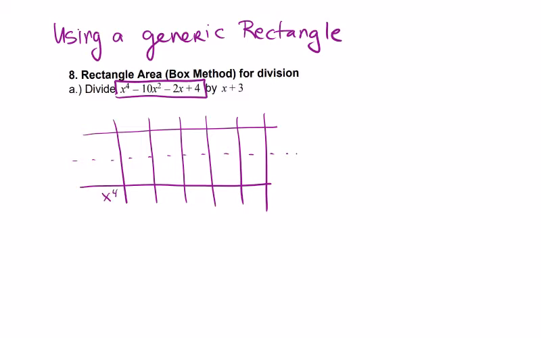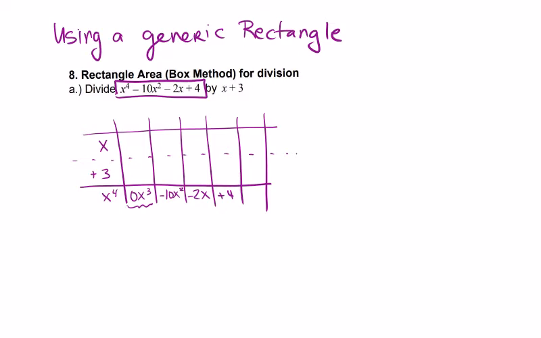So we're starting with x to the fourth. Then we're going to have 0x cubed. We're going to have minus 10x squared, minus 2x, and then plus 4. So we had to add in the 0x cubed in there. Now what we're dividing by is going to go across the side, x and then plus 3 here.